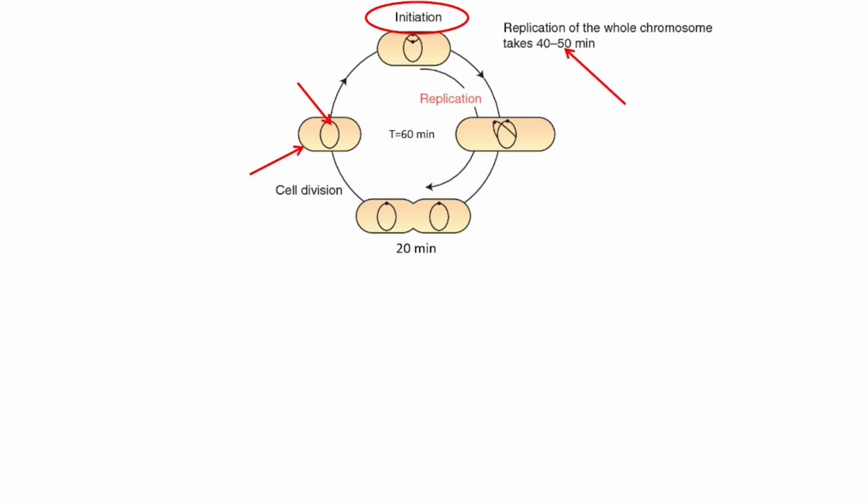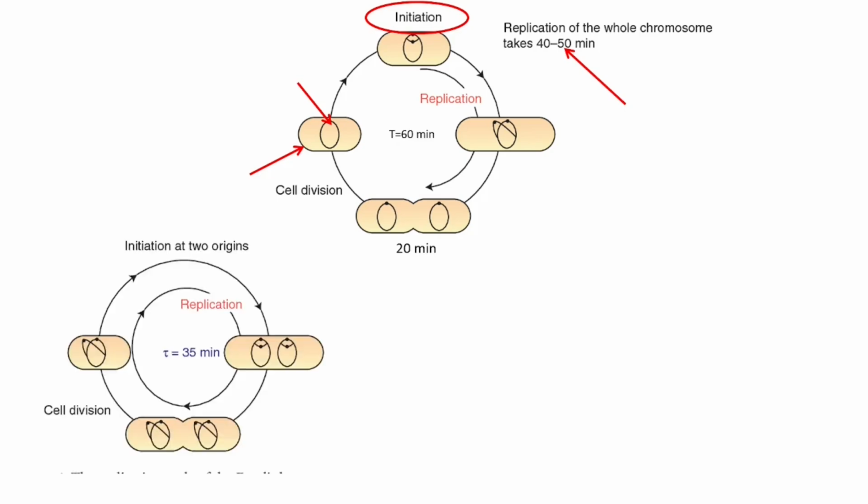This is brought about by multiple initiation events in E. coli DNA replication. The second round of replication initiates before the first round is completed, so the daughter cells will have a DNA whose replication is already half done.